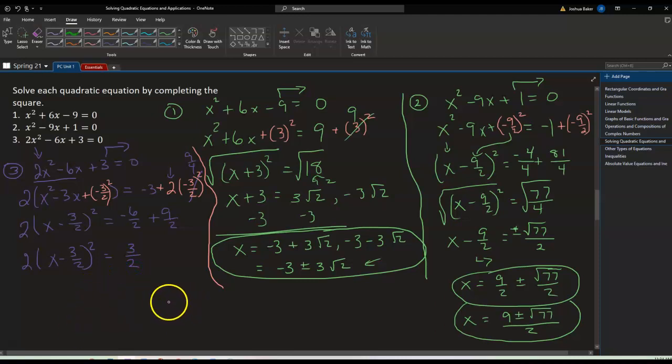I cannot quite take the square root yet because this squared term still has this 2 by it, okay? So if I divide this over, dividing by 2 is the same thing as multiplying by 1/2. So now I've got 3 over 4. Now I can take the square root.